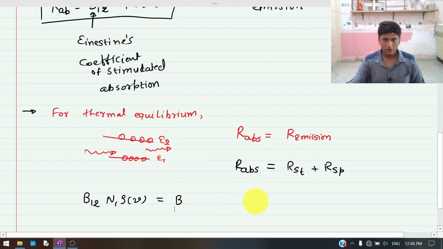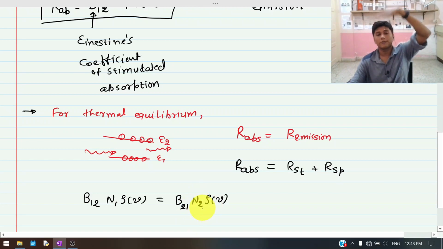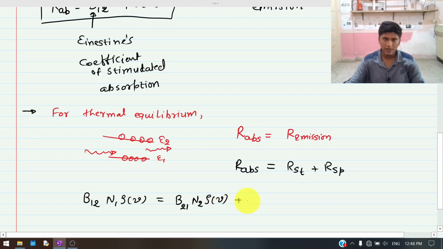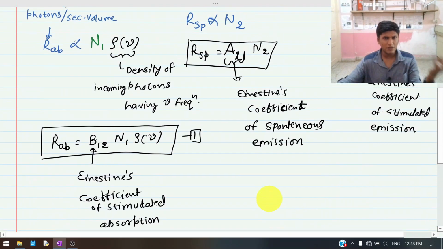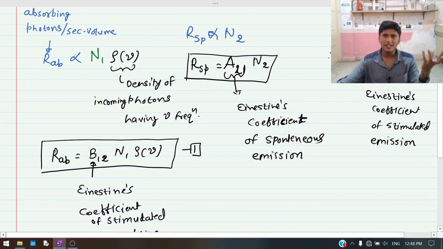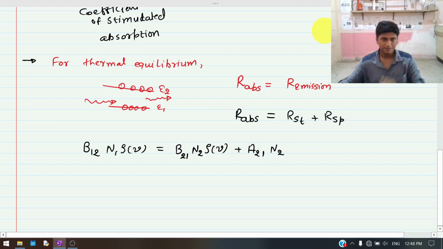It is again B, because for stimulated emission some photons are coming, so it depends on rho of nu, B going from 2 to 1, and depends on N2, because more atoms are there in the excited state, more of them will come down. And the third one is A going from 2 to 1, only depending on N2. This is for spontaneous emission. From where did I write these equations? From the previous videos, these three equations. I have just written them here.